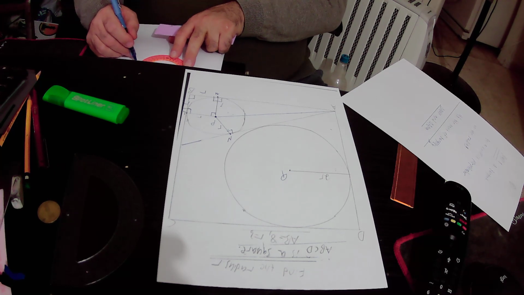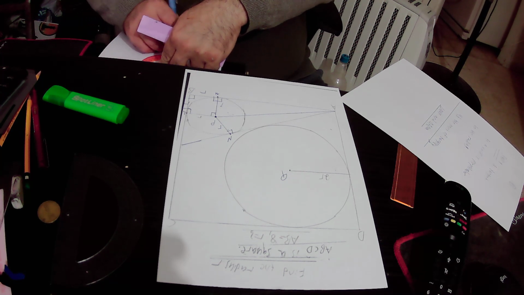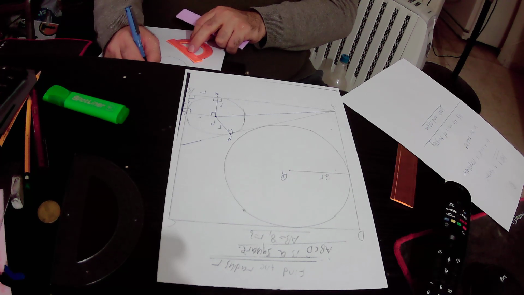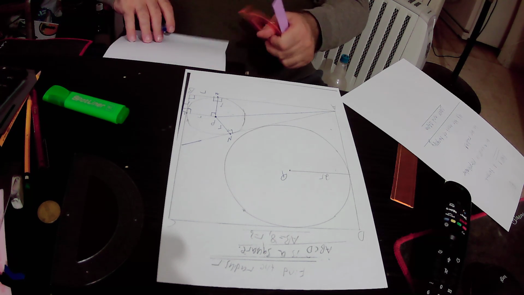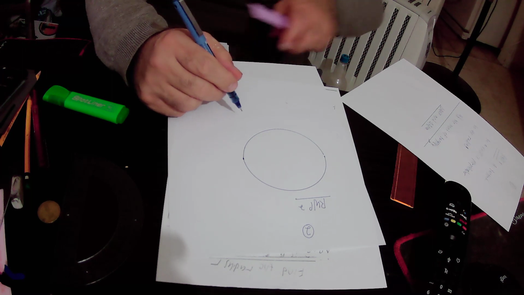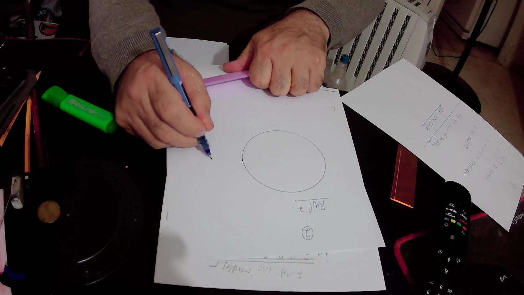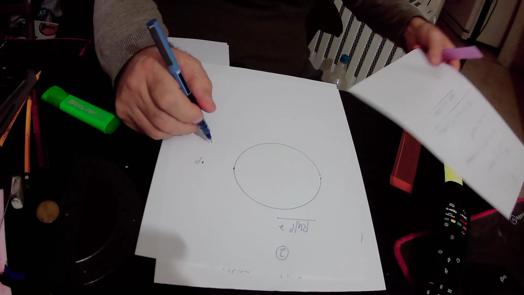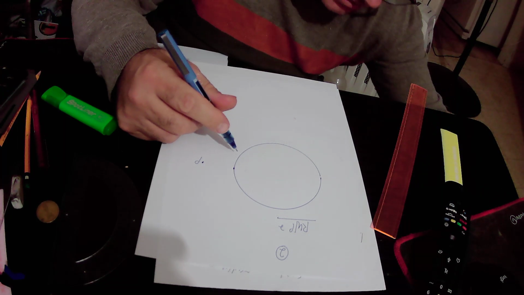So if from an external point of a circle we draw 2 tangents to a circle, point P is the external point, and from point P we draw 2 tangents to this circle.